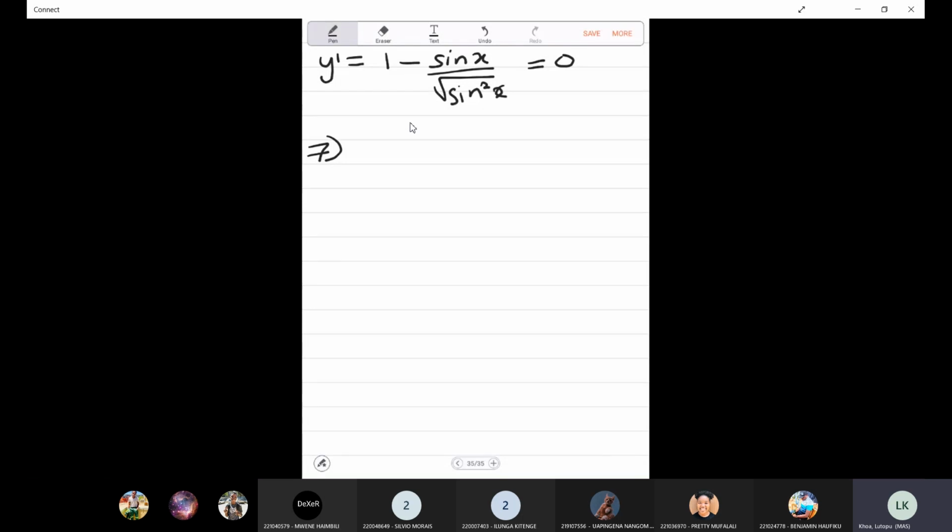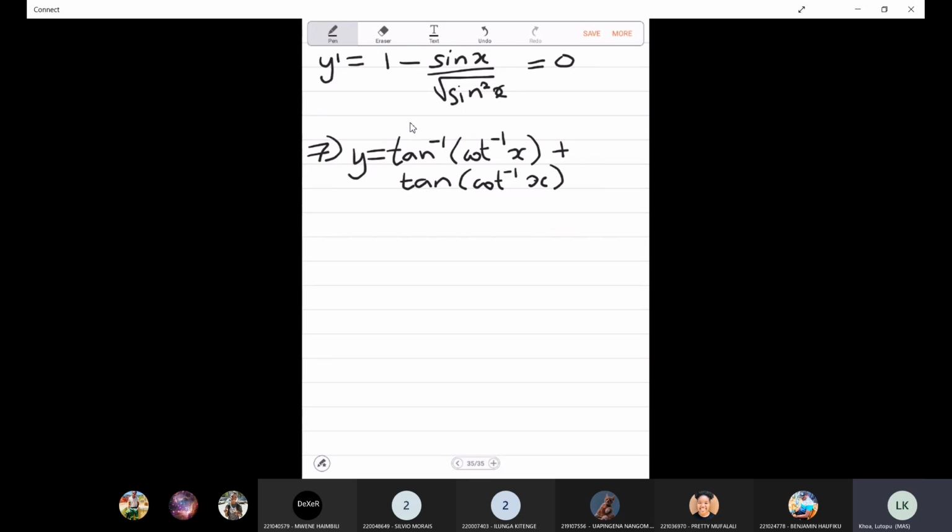Y is equal to tan inverse of cot inverse of x plus tan of cot inverse of x.